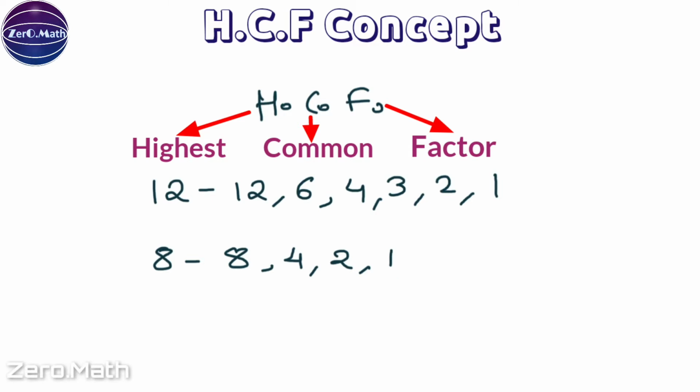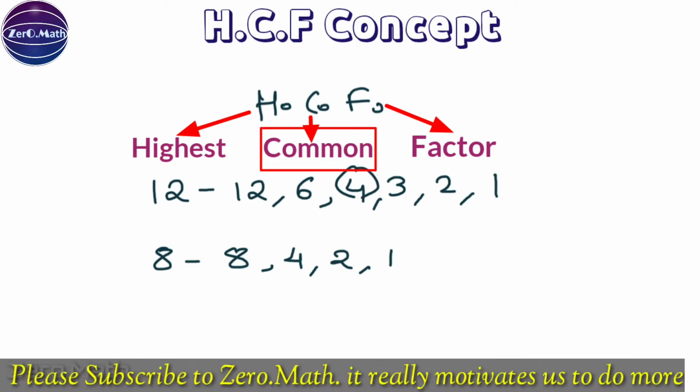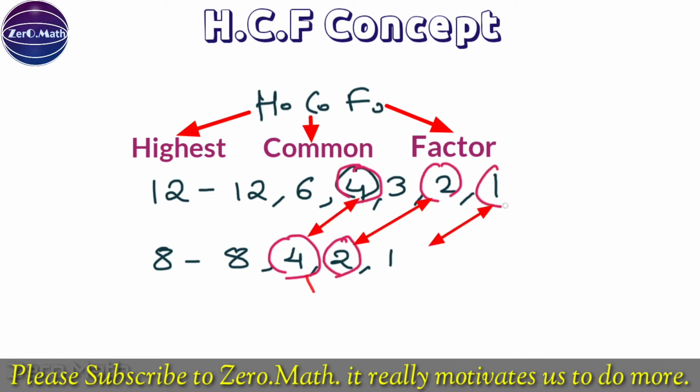Now look at the next word, that is common. What common means is let's find out the common numbers out of these factors. So in factors of 12 and 8, the common numbers are 4, 2, and 1.